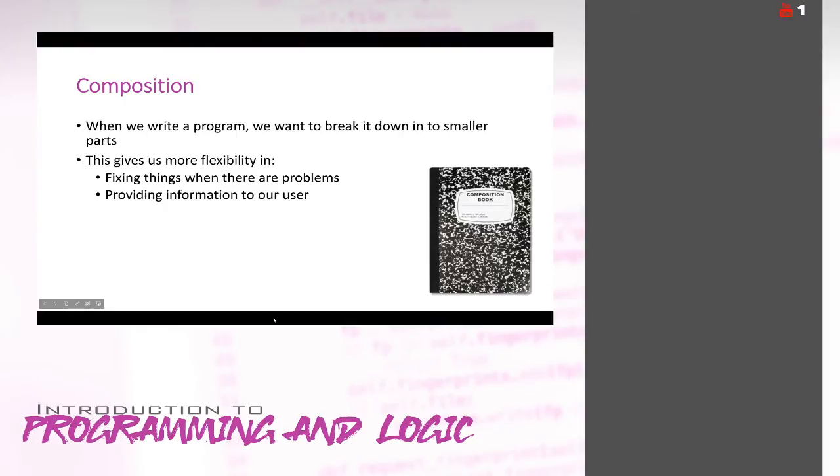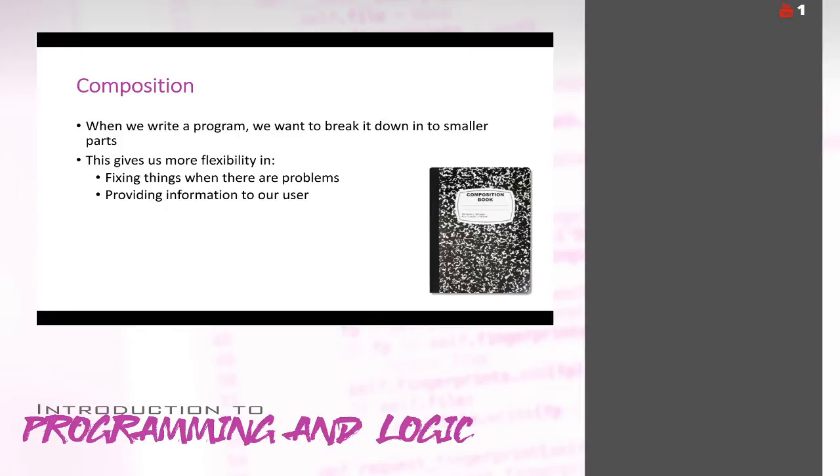One of the things that we can do with variables at this point in time is work with composition. So when we write a program, we use composition rules. We want to break it down into smaller parts. In breaking down a program into its smaller parts, it gives us flexibility in multiple different ways.